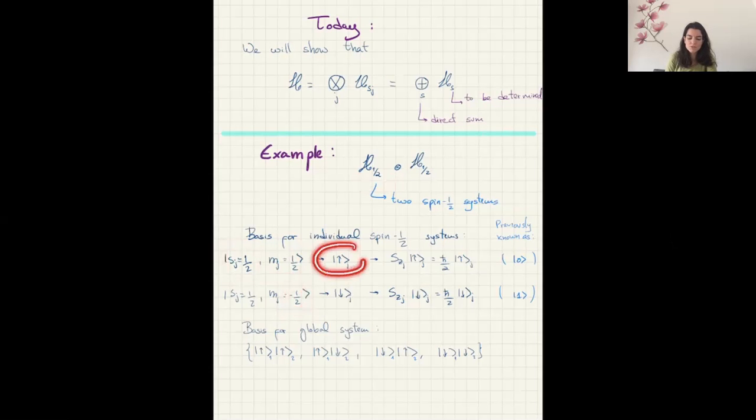So this one we just call up, so that we can tell right away that it's the state of such a system, and not of the global space. Okay, just use different symbols to be more immediate.